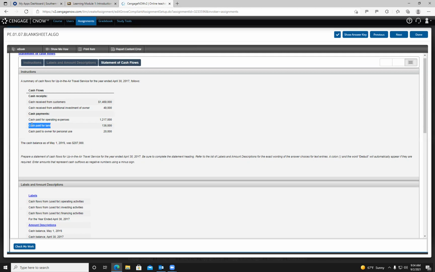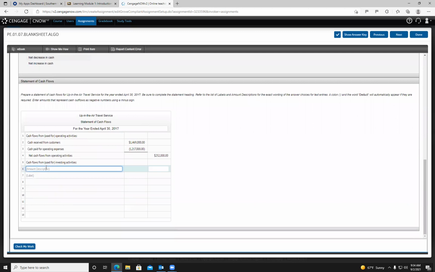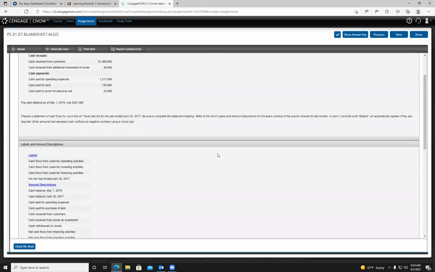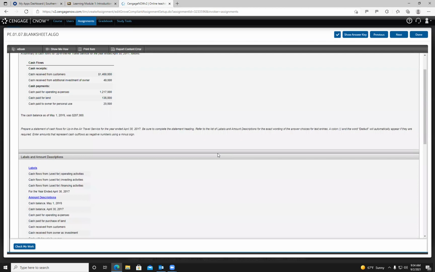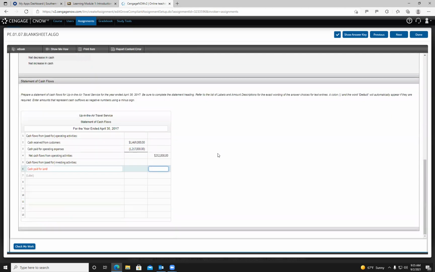So definitely consider that an investment. So he did pay for it, so that's going to be a cash outflow. So we'll put that down here. And 136.